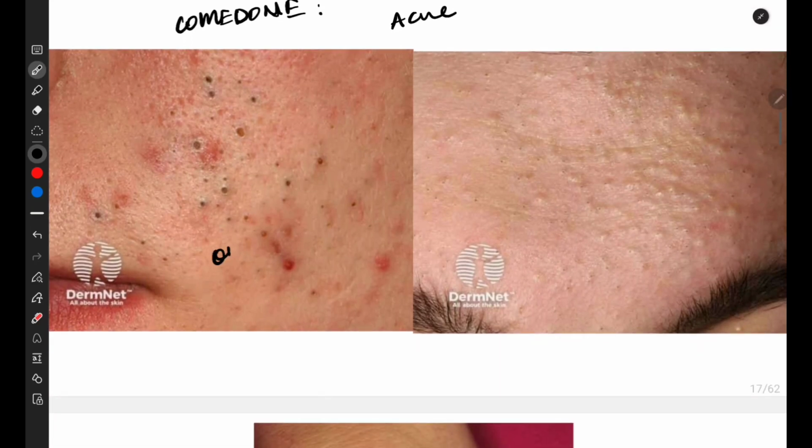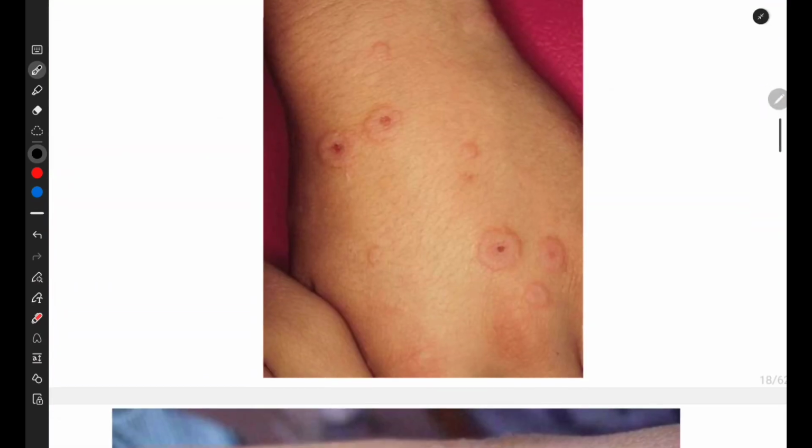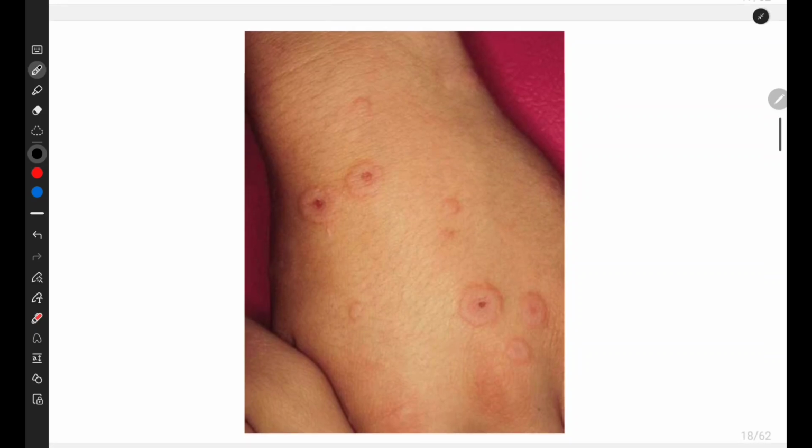So these are open comedones, which are popularly called blackheads. And the white ones are called closed comedones, which are popularly called whiteheads. We'll discuss acne later.